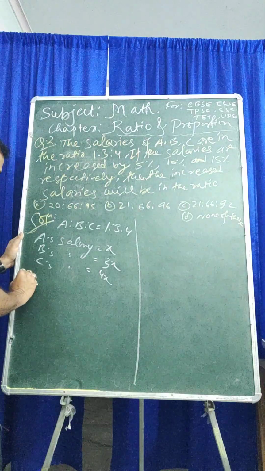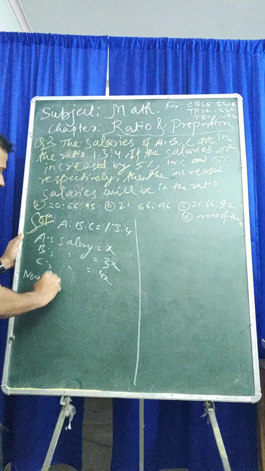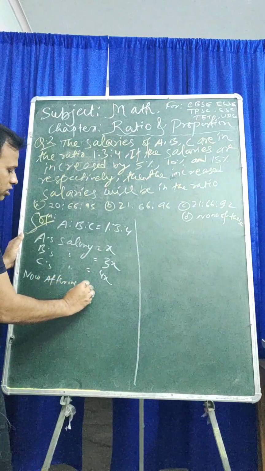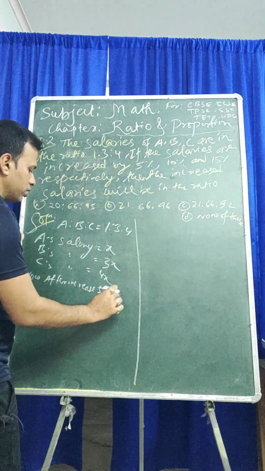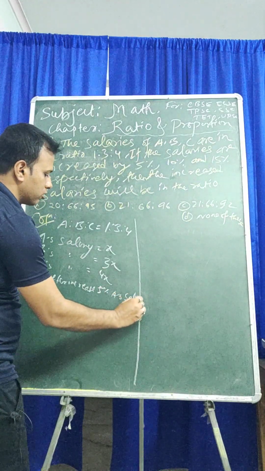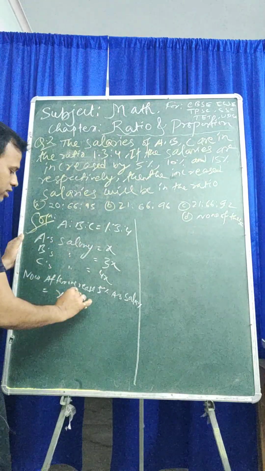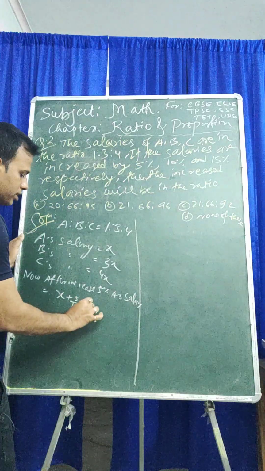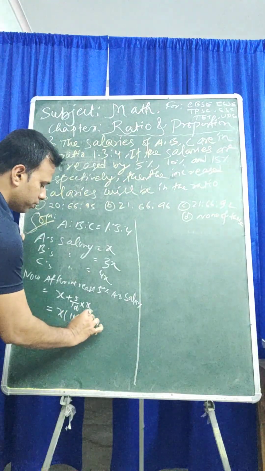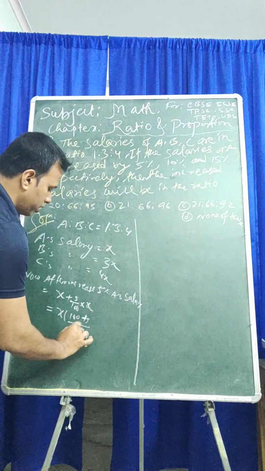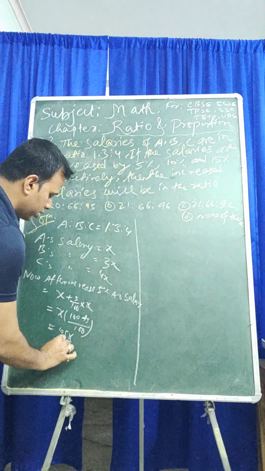So after the 5% increase, A's salary will be x plus 5% of x, that is 5 by 100 into x. If I take x as common, it will be 100 plus 5 divided by 100, that is 105 by 100 into x will be A's salary.